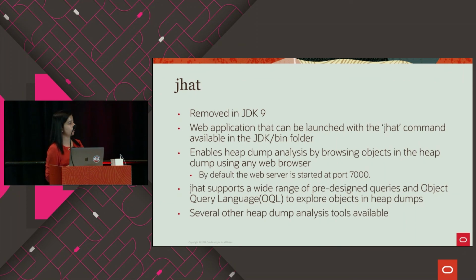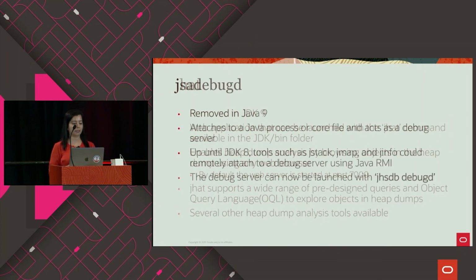JHAT, which was removed in JDK 9, is a web application that can be used to explore heap dumps through a web browser, and it provided a wide range of predefined queries and an object query language, where you can construct your own queries to explore objects in heap dumps. So this has been removed, but there are other tools that can be used to explore and analyze heap dump files.